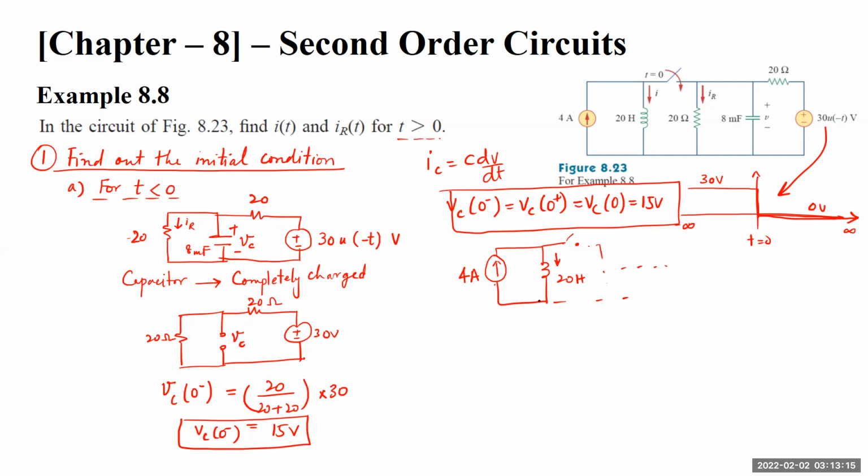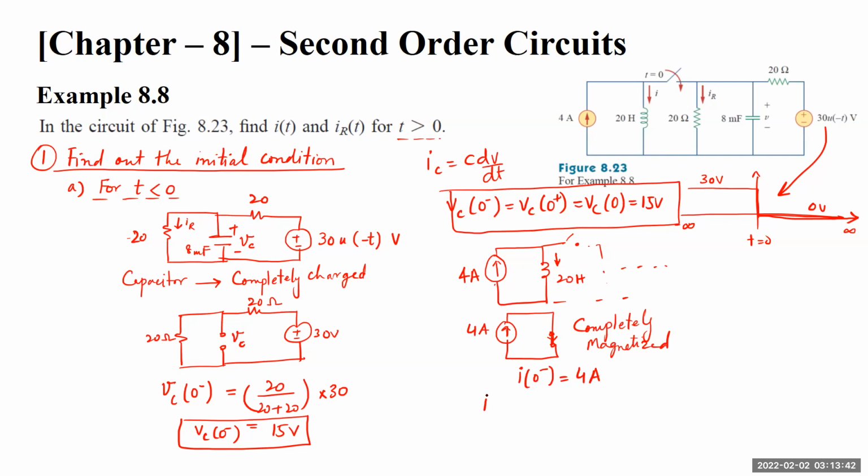So for an infinite time, this inductor will behave as a short circuit, which means it is completely magnetized. It means that the current stored in the inductor is equal to 4 ampere. So this 4 ampere will be flowing in this current.